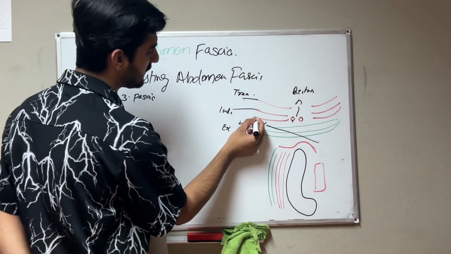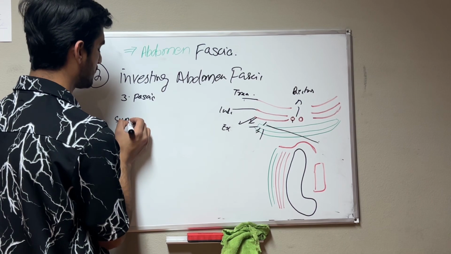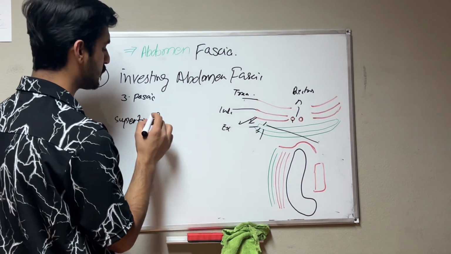First we have the superficial fascia, which covers the external oblique muscle.